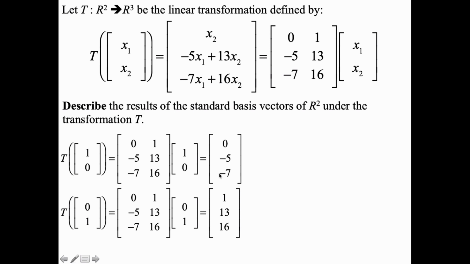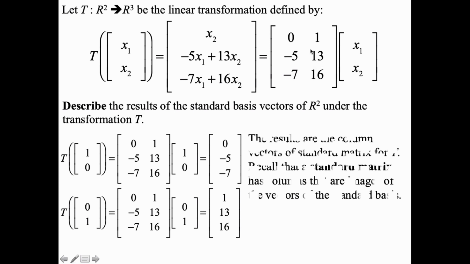So it's very easy to see that this matrix in front of x1 and x2 is called a standard matrix, because a standard matrix simply refers to operations performed on the standard basis vectors of a particular space. So the results of multiplying by E1 and E2 are the column vectors of the standard matrix for T, the matrix that actually performs the transformation.